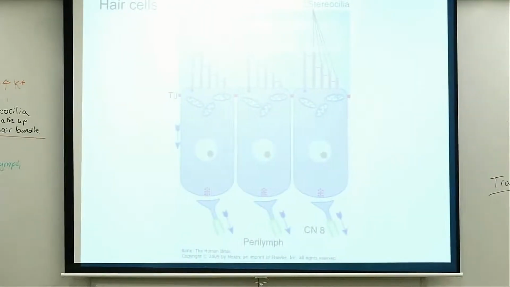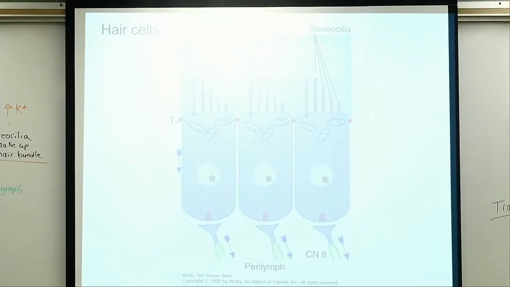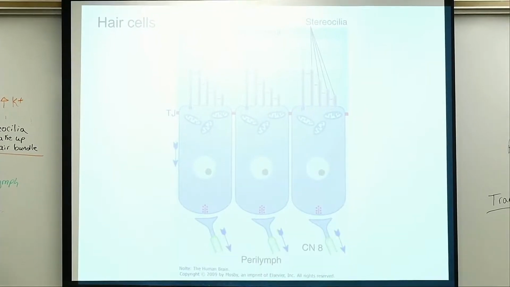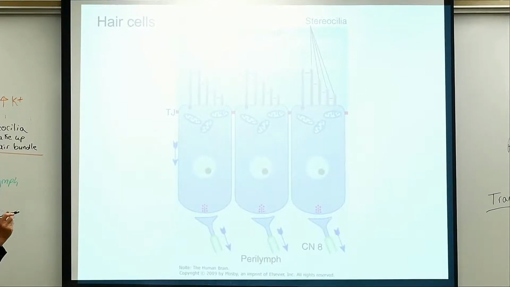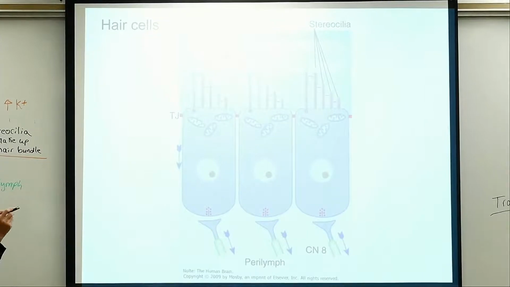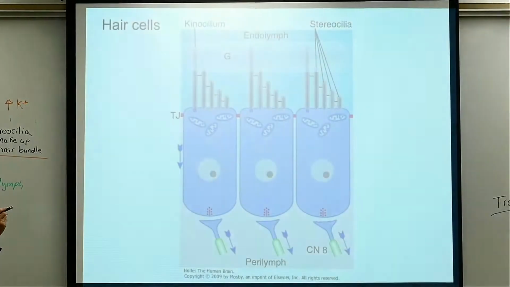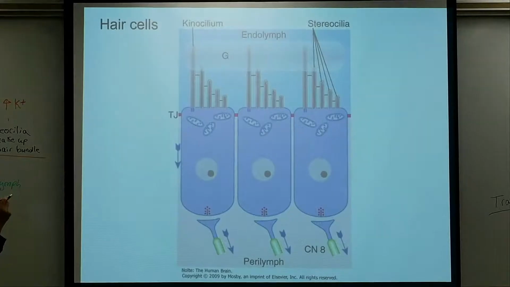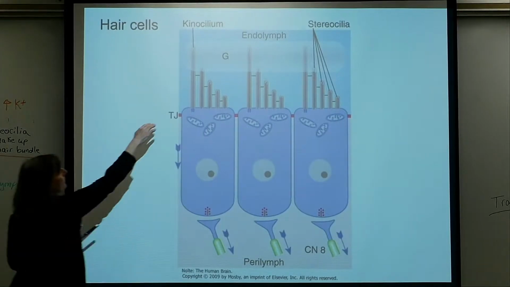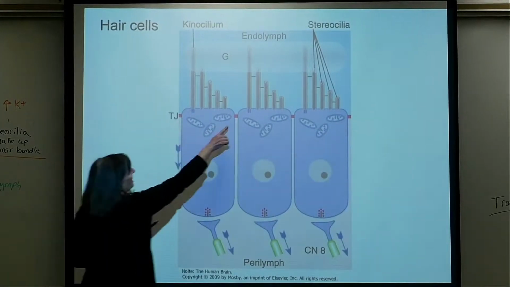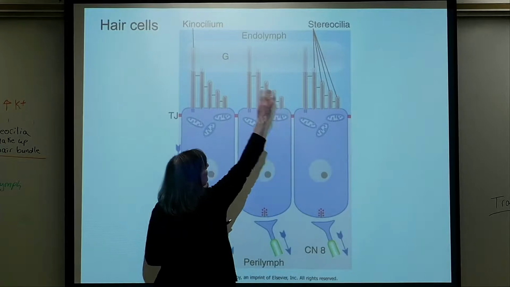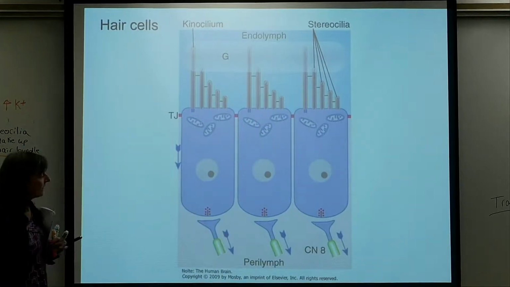So this is a diagram from your book showing these hair cells, similar to what I drew on the board. So here we have those hair cells. There's the stereocilia, or the hair bundle at the top. We have endolymph bathing the apical parts here. We have tight junctions between the cells to separate that endolymph from the perilymph.